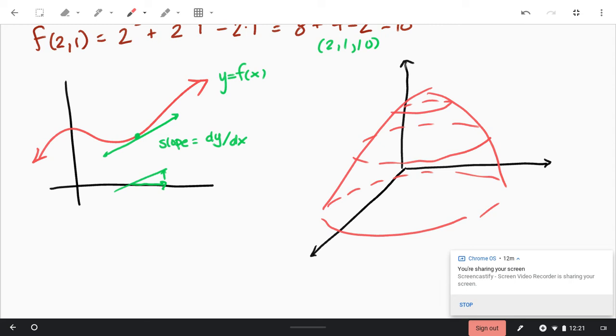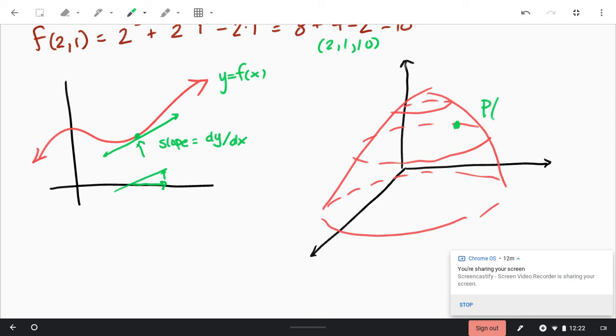I've got a point on here, maybe right here, and that should be on the surface. It's not in the middle; it's right on the surface, just like the point on the curve.